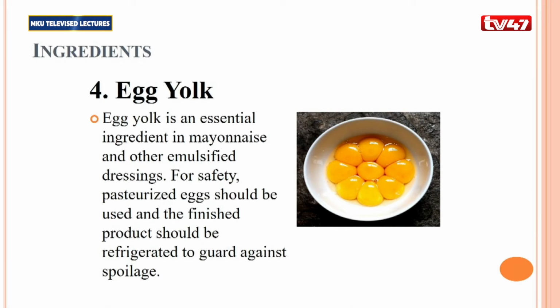When you're preparing the mayonnaise dressing, you use the eggs, but it is always important to use eggs that have been pasteurized. Pasteurization means that you've taken the eggs through very high temperature, so that you can kill the bacteria present in the eggs. And when you prepare this mayonnaise, it's always important that you refrigerate it so that it does not spoil.